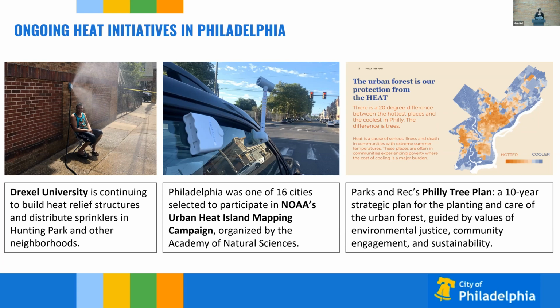There also was a campaign over the summer. NOAA annually awards cities throughout the US to participate in an urban heat island mapping campaign, where NOAA equips cities with a bunch of sensors, and then on one day, everybody goes out and takes readings throughout the city.